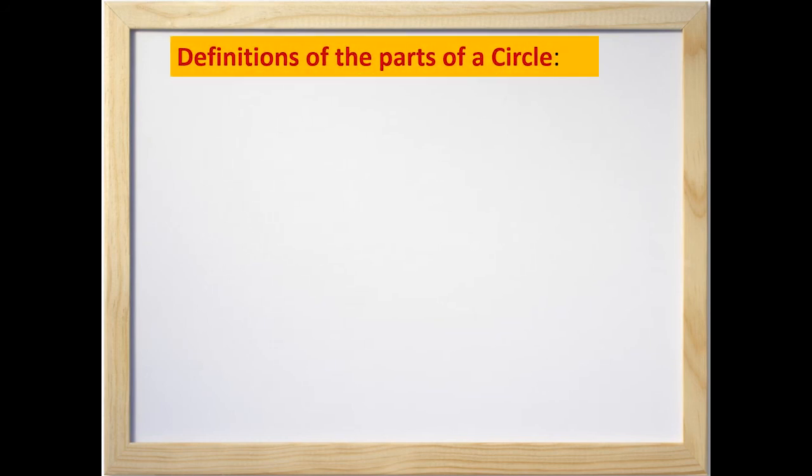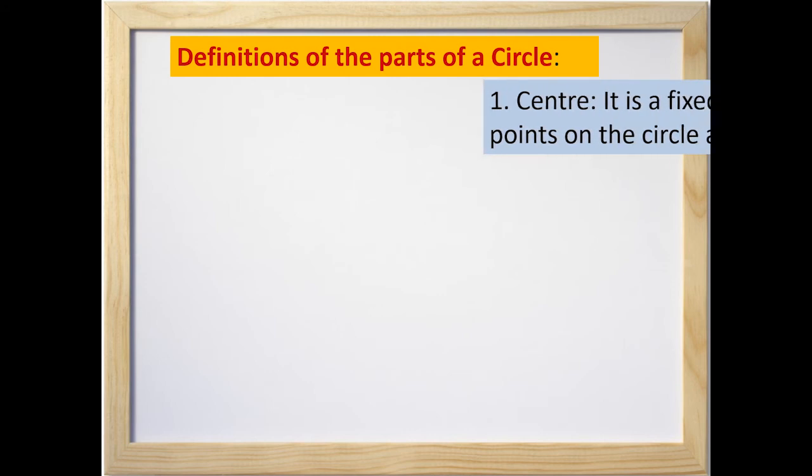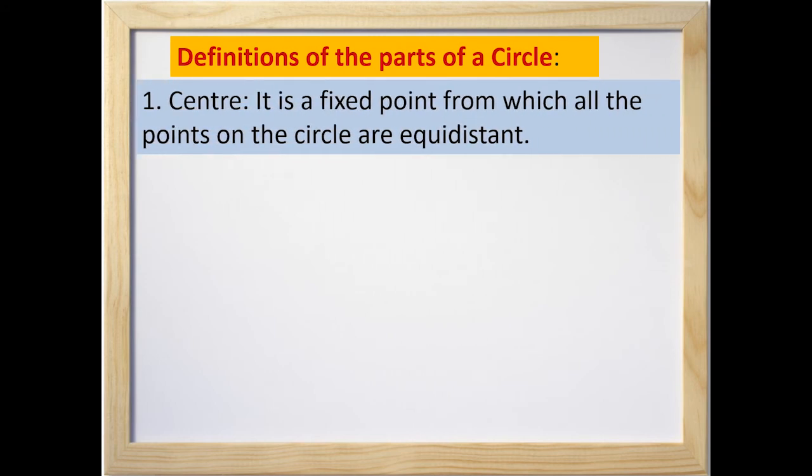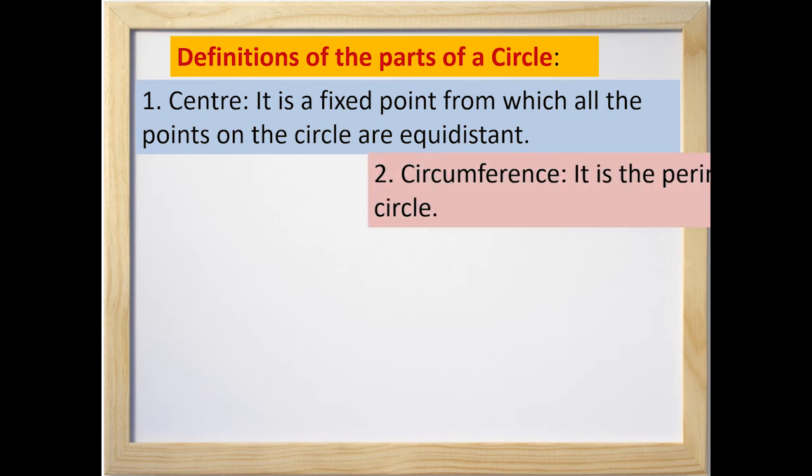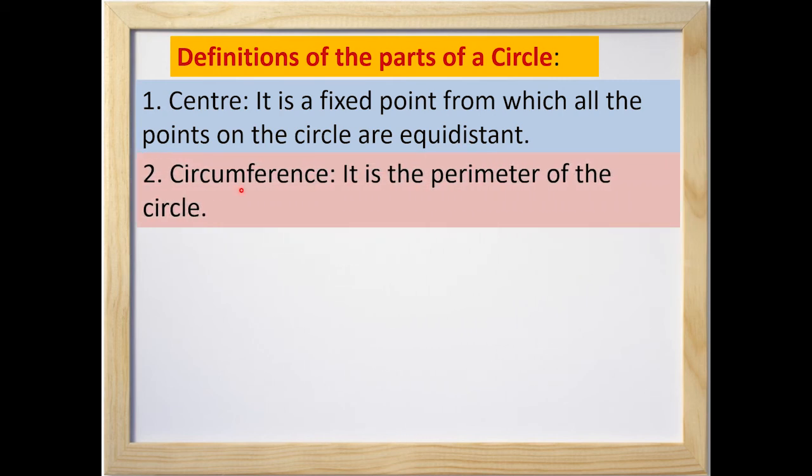Children, here I have written down the definitions of the parts of the circle. The first part is called the center of the circle. It is a fixed point from which all the points on the circle are equidistant. The second point is the circumference of the circle. It is the perimeter of the circle.